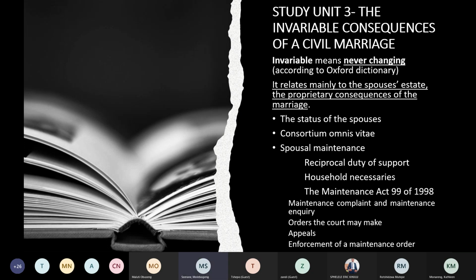So the revocation of a spouse's capacity to purchase household necessities can only be done by either a court order or by the spouse, or the defense that the purchase was not necessary because one spouse had made sufficient funds available to the other.